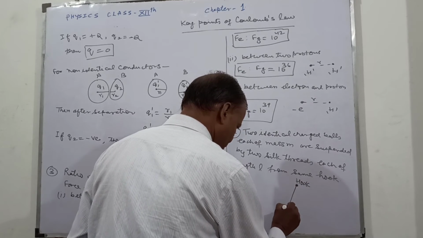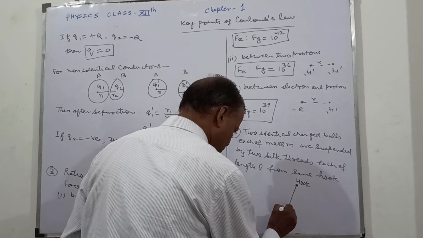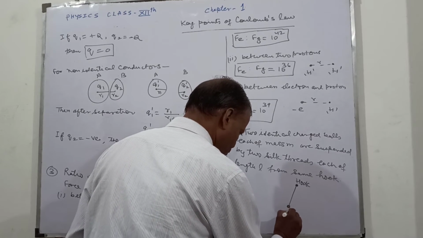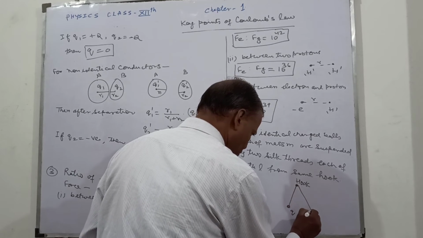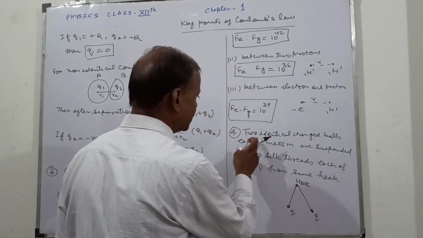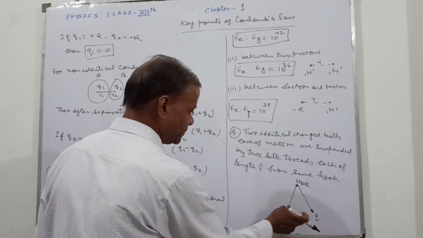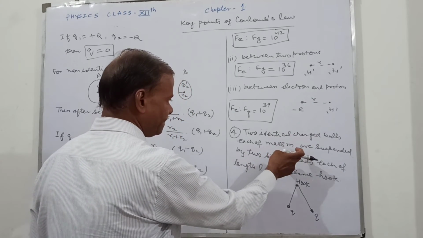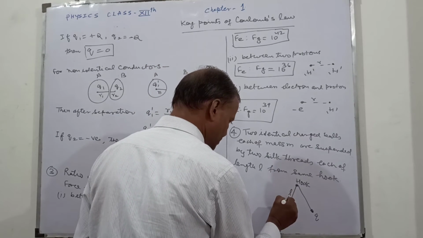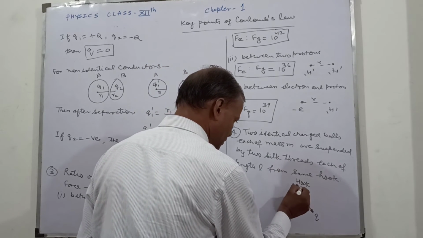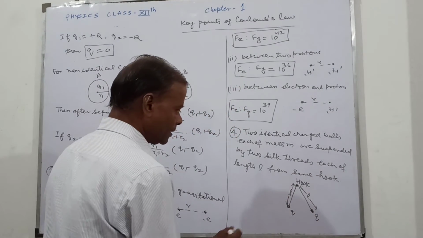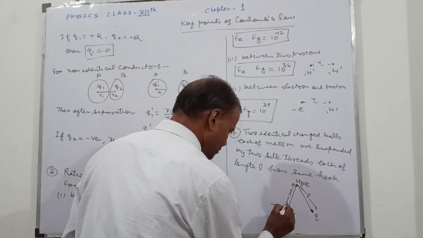This is now a charged ball having the charge Q. This is another, having the charge Q. You are given identical charged balls, so the same charges are there, suspended together by silk threads. Now the length of this thread is equal to L. Then they will repel each other.